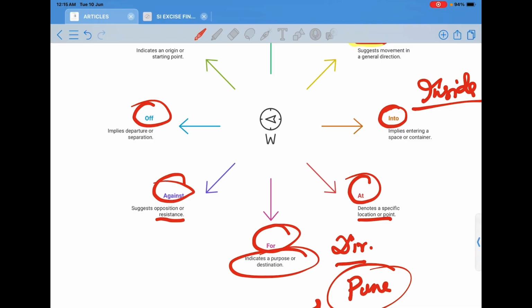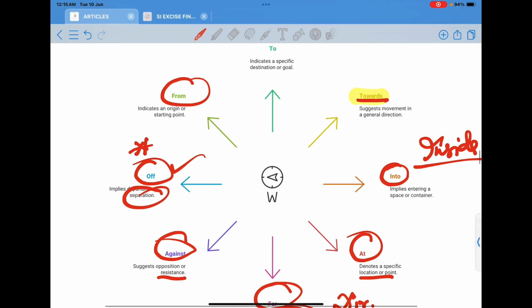Off. This is very important; in exam questions they ask it frequently. Off implies departure or separation. Remember this by separation, cut off. For example, he was wiping sweat off his face. This is a separation from his face; the sweat is off.